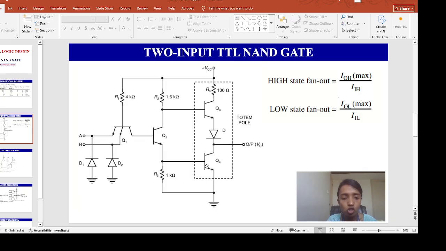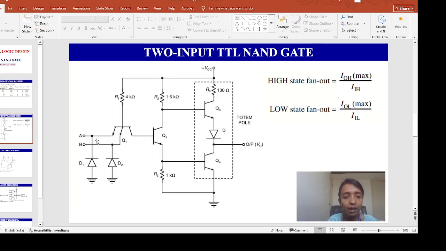Since Q4 is on, the output, which is called V0, is at low level, which we are calling VCE SAT. So the output is a logic 0.